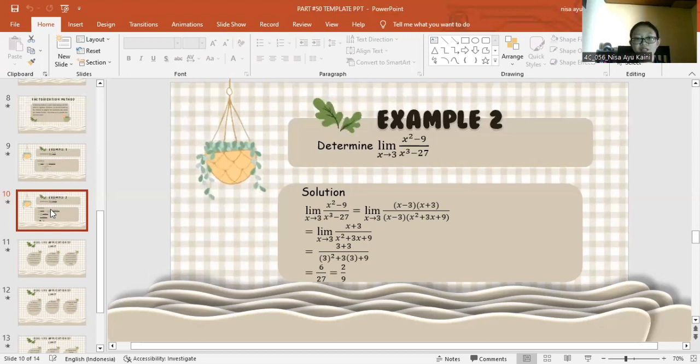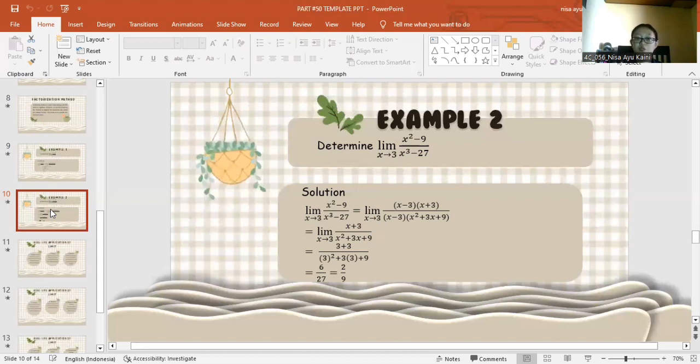Now we can simplify the expression. The limit as x approaches 3 of x squared minus 9 all over x cubed minus 27 equals the limit as x approaches 3 of x minus 3 multiplied by x plus 3 all over x minus 3 multiplied by x squared plus 3x plus 9.